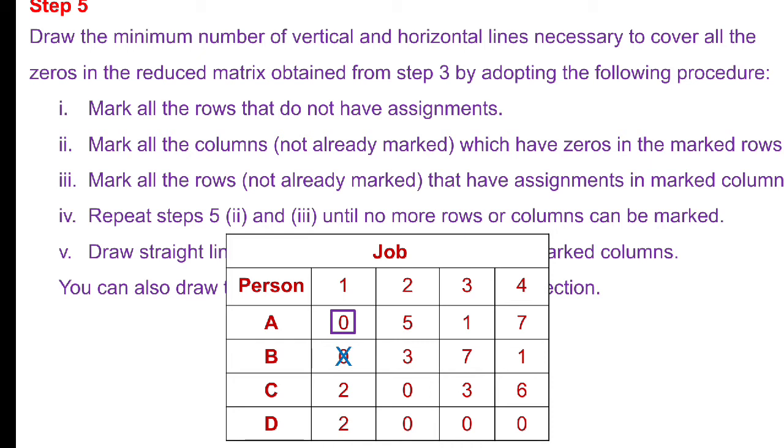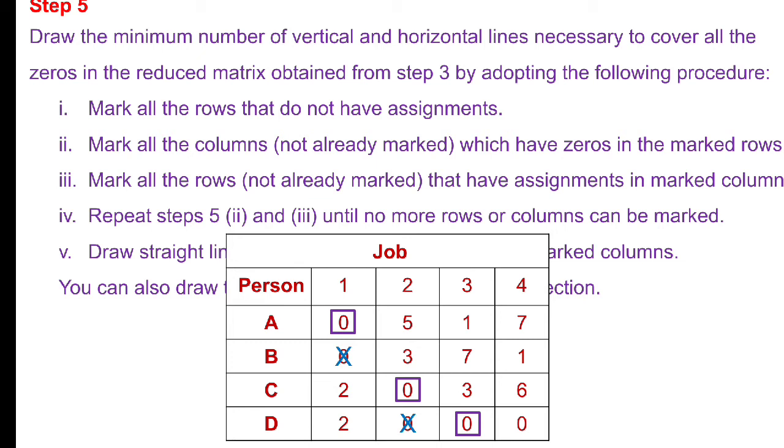Then the second row has no zeros available. In the third row only one 0 is available, so I assign it. Then in that column one more 0 is there, and it needs to be cancelled. Again the rule is followed: in a row and column only one 0 is applicable.